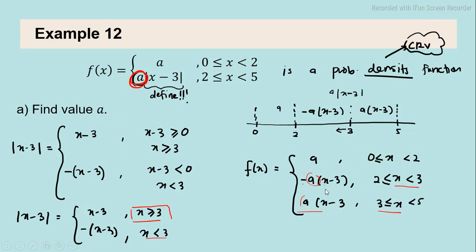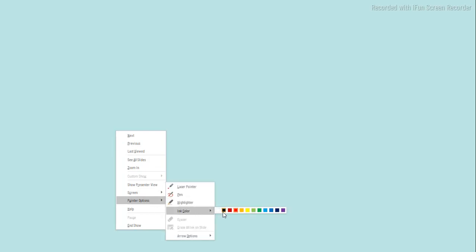Kita akan gunakan maklumat sini untuk cari nilai A. So integration equals to 1. Now kita nak cari nilai A. Kita akan buat integration of f(x) dx from 0 to 5 equals 1. Macam mana nak integrate from 0 to 5?